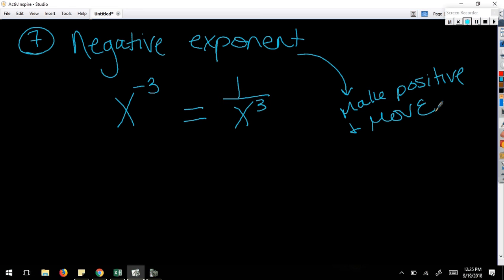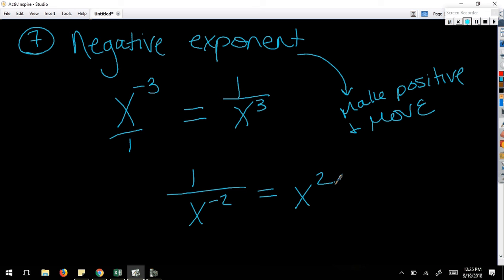Technically, if I had 2 to the -2, that would be 1 over 2 squared, which is 1/4. We always move it under the 1. I'm talking about it in the form of a fraction. If this started out as 1 over x to the -2, then it would become x squared. Move it wherever it is.